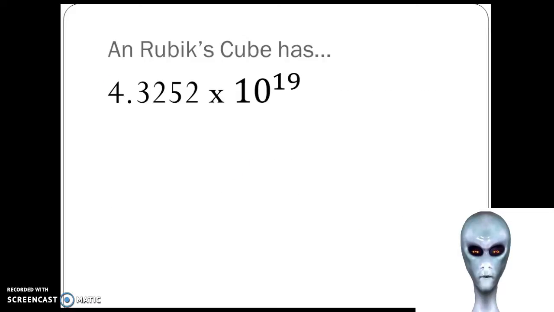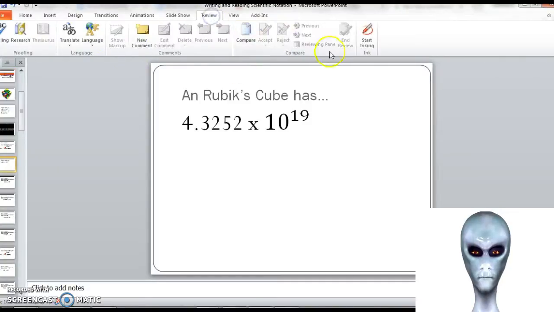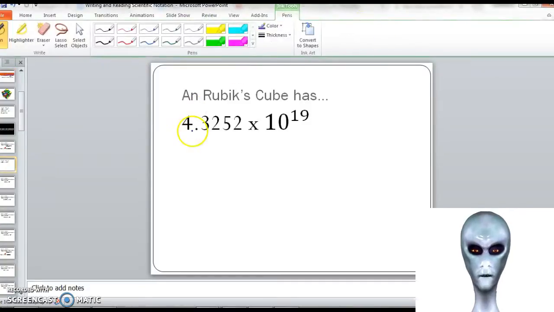So let's go back to a Rubik's Cube. I'm going to show you what this number is in standard form. So I'm going to move my decimal to the right 19 times. So 4, 3, 2, 5, 2. I've already moved it 1, 2, 3, 4.